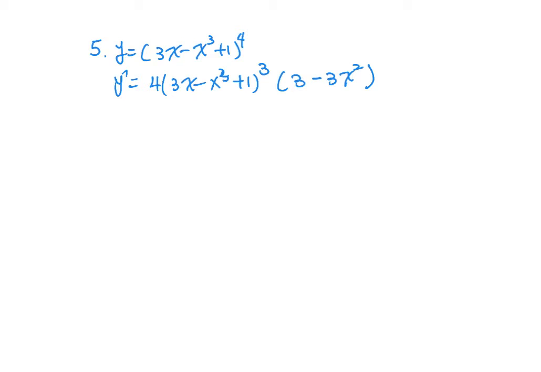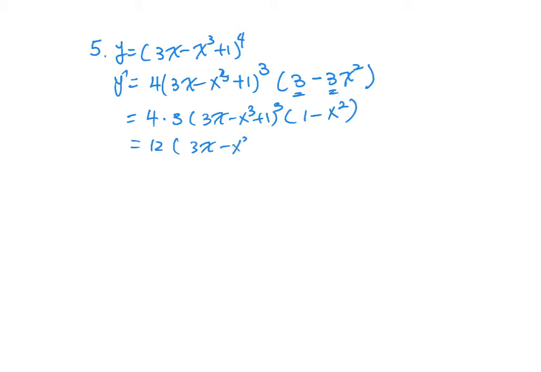If you compare it to the answer key, they need a 12. Well, we know that I can factor a 3 out. So that's 4 times 3, (3x minus x to the third plus 1) to the third, (1 minus x squared). I think that is what the answer key wants.